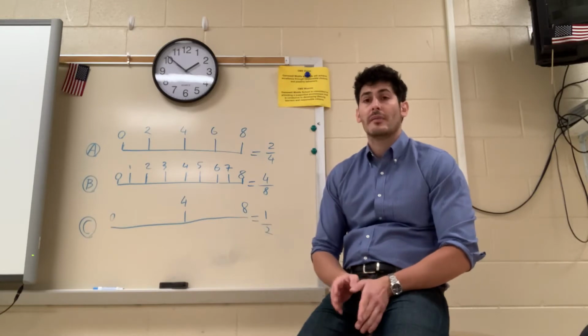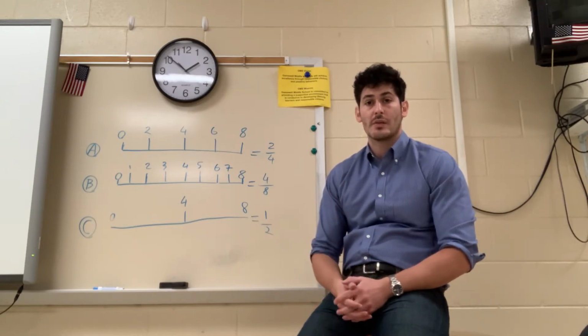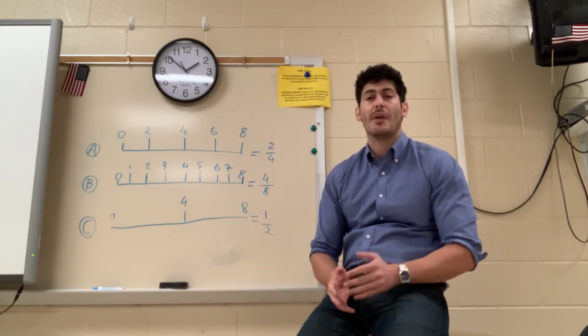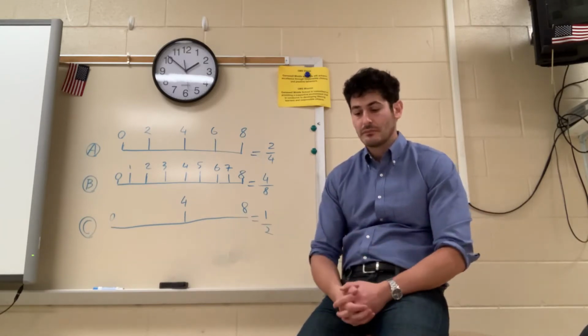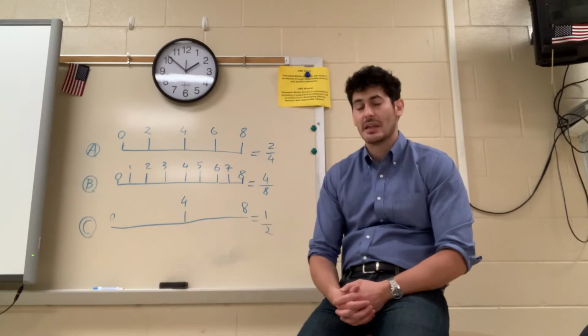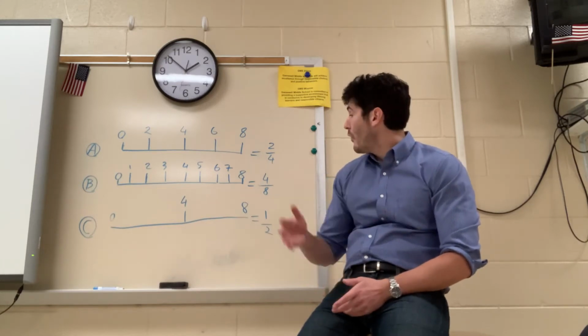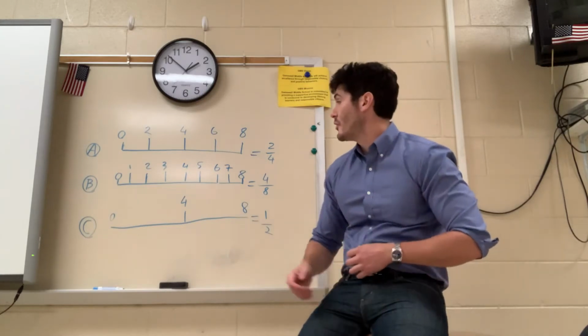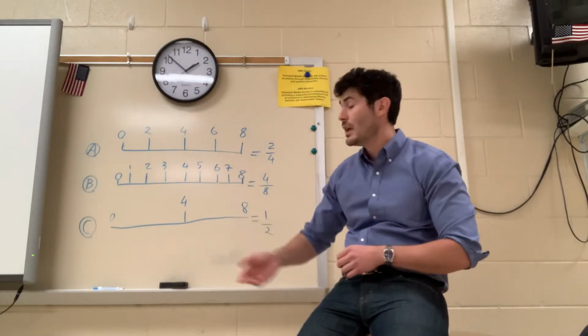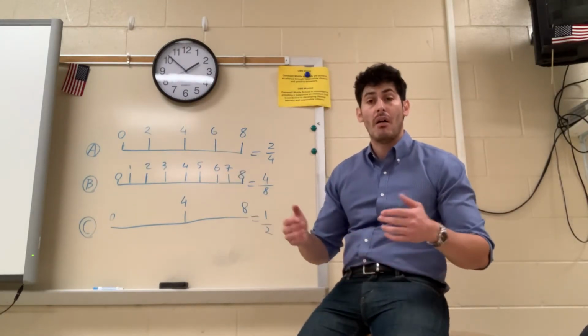So I want to try to explain to you why that system works, why two fractions can be called equivalent even when they don't have the same numbers on it.